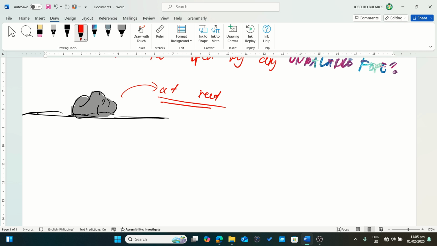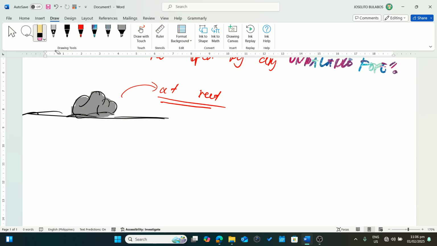If no force acts on the rock, meaning if we don't have this arrow, because this arrow serves as our force, if we don't have any force, we remove this arrow because this represents the force.